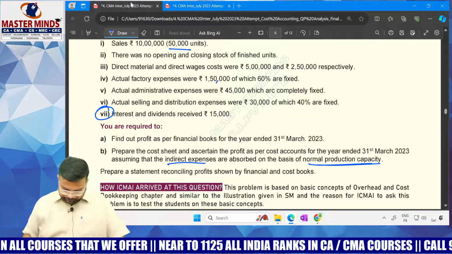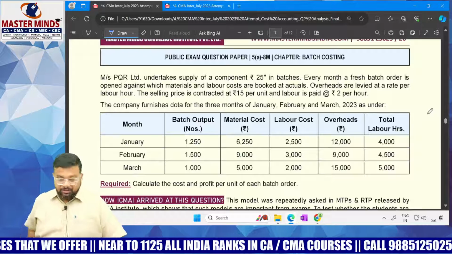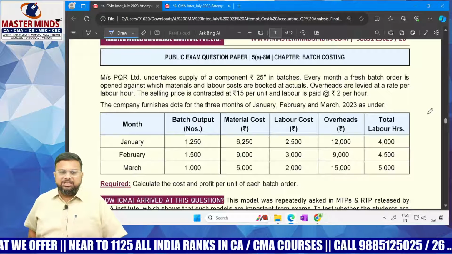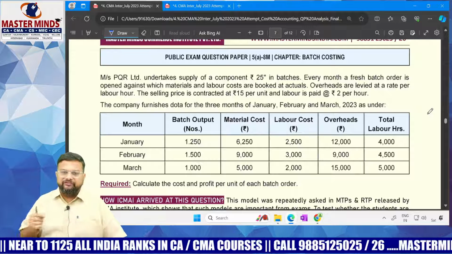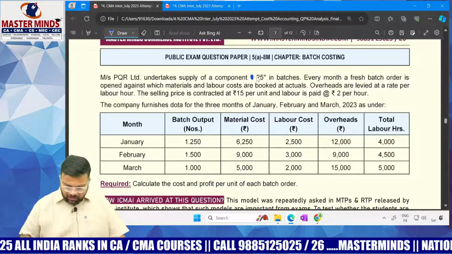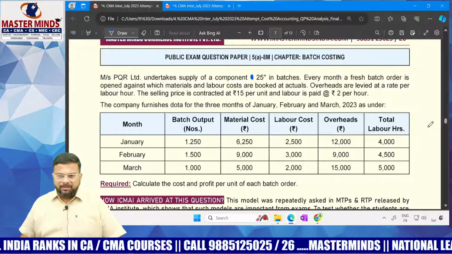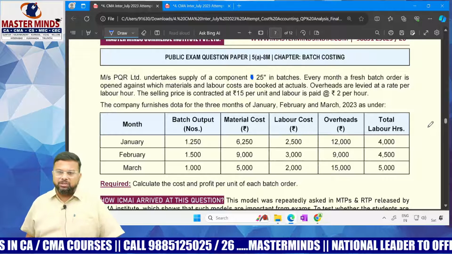Okay, right. Next, 5A, that is from batch costing. Messrs. PQR Limited undertakes supply of the component 25-inch. Component name is 25 inches. In batches. Every month, a fresh batch order is opened against which material and labor costs are booked at actuals.